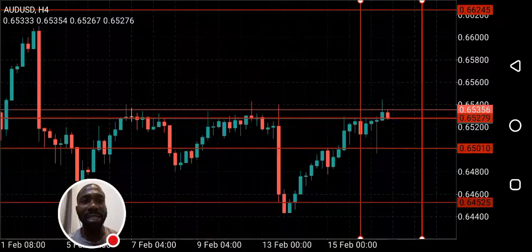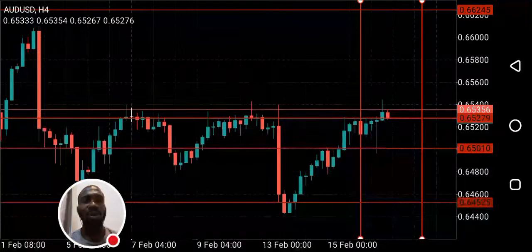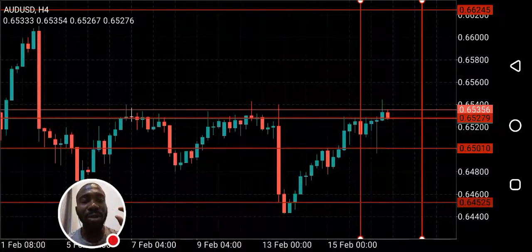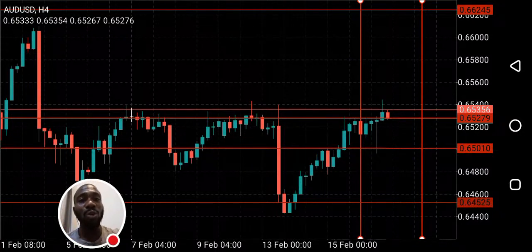So the formation on daily and 4-hour is likely going to play out before the weekly pattern will play out.